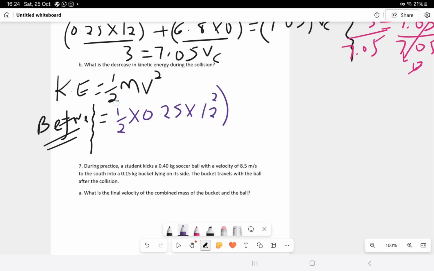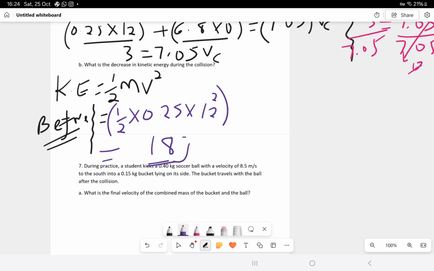So it's 0.25 times 144 divided by 2, you get 18. So you get 18 joules.